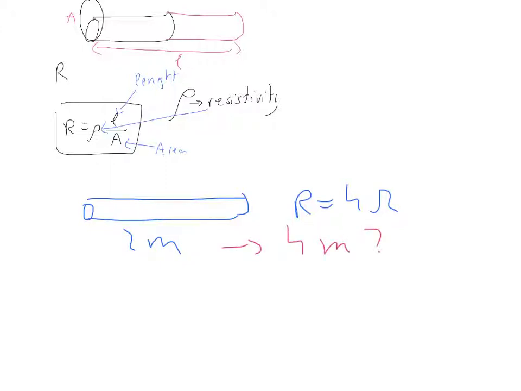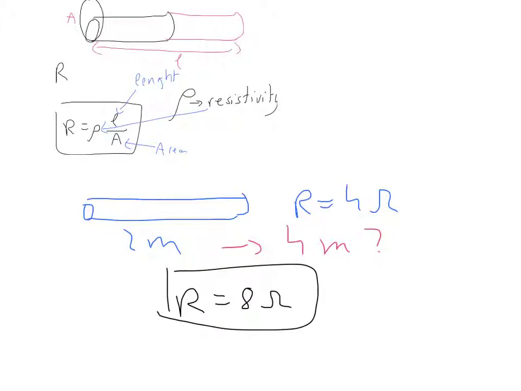Well, the more the length, the more the resistance, right? So if I double the length, I will double the resistance. Therefore, the resistance will go to 8 ohms. Using this very simple idea, we can figure out the resistance of different lengths and areas of wire if we know the resistance of one piece.